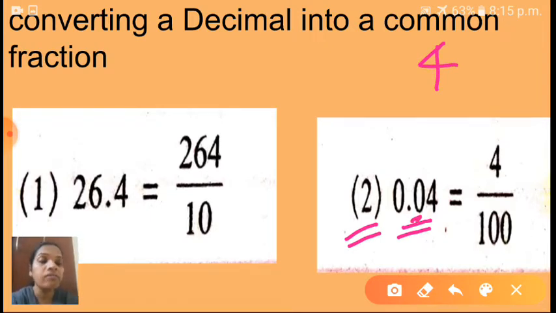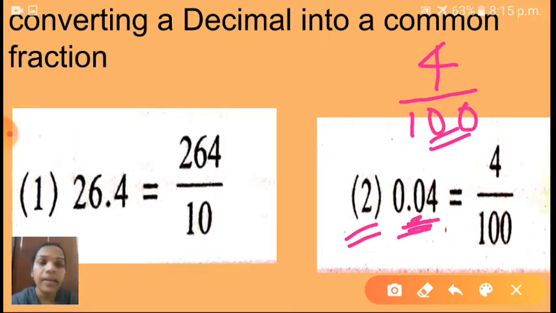So 4 upon, as I already told, in the denominator you have to write 1. Then you have to count the digits. How many digits are there after the decimal point? 2 digits. So how many 0s do you have to add? Yes, 2 zeros. That means 4 upon 100. Okay children, I hope you understood this one.